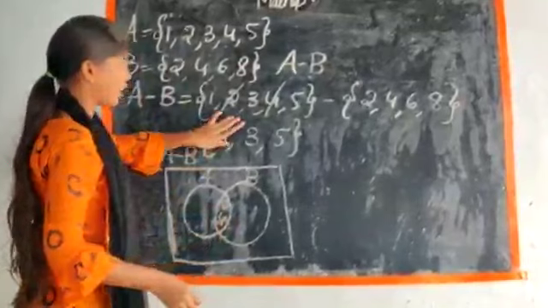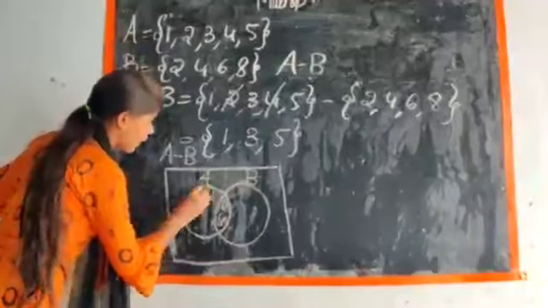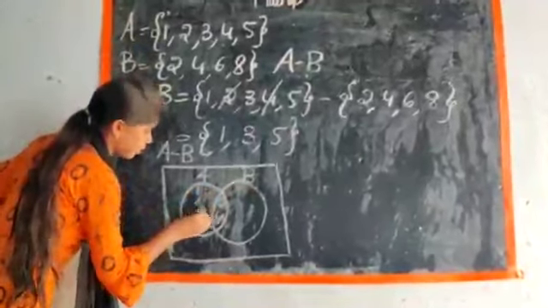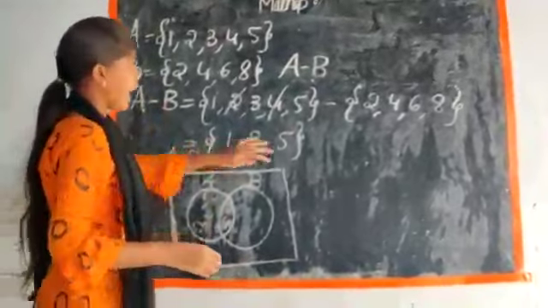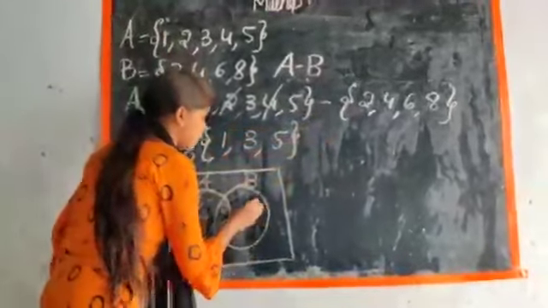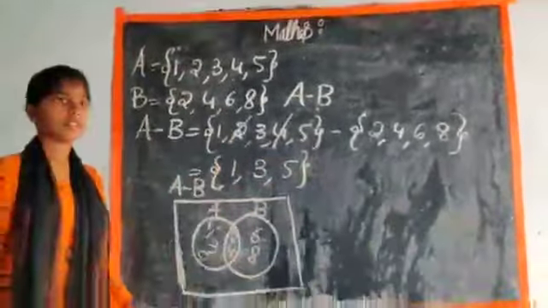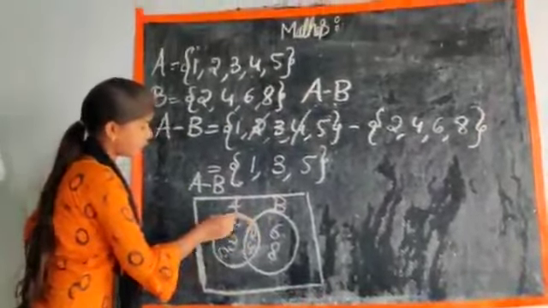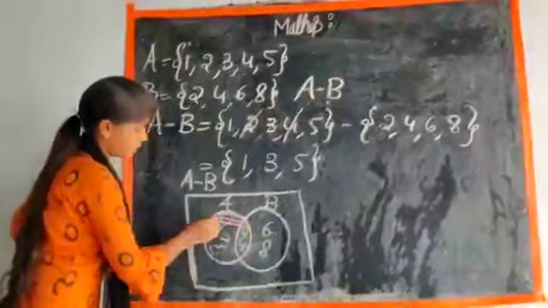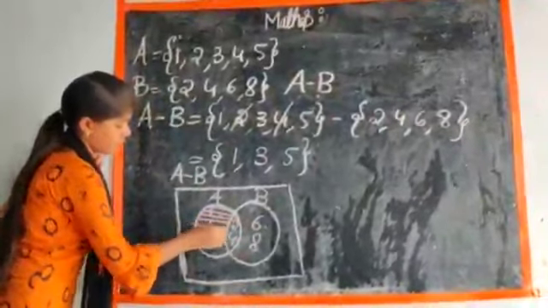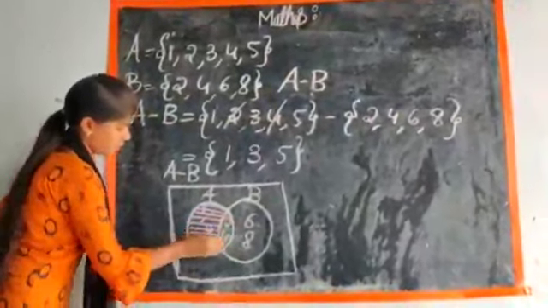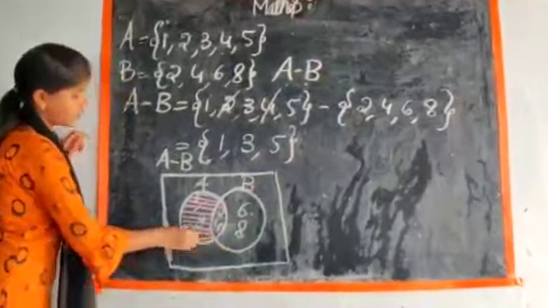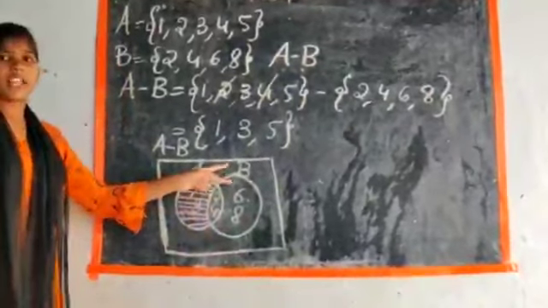After writing 2 and 4, the remaining elements in A are 1, 3, 5 and in B are 6, 8. We have to shade only the A part, meaning this part. So this is the Venn diagram of A minus B.